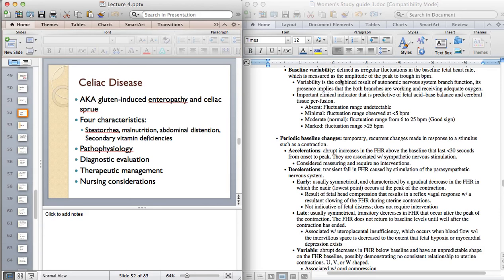Again, the most important thing with celiac disease is the nutritional consult. You have to teach the family to read labels. They have to avoid anything that contains gluten because that would not be good for the patient.